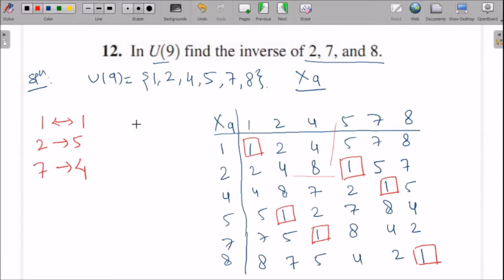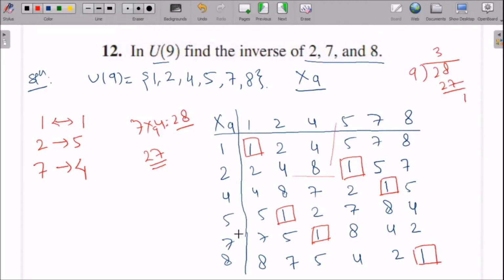As we see, that is 7 into 4, that is 28, and 28 divided by 9, so it will be 27, and remainder will be 1. Just if you can see, it is 9 and 28, so 3 times, then 27, and remainder is 1. So 7 and 4 are inverse of each other.